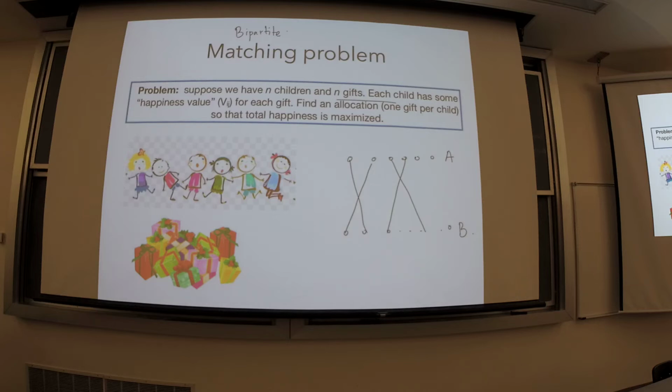We have a permutation of the numbers 1 to n that represents the assignment of gifts. So that's the solution, right? So what you're saying is that what you want is a permutation, okay? But if you were to try to write it as an optimization problem, what should actually the variables of this be?